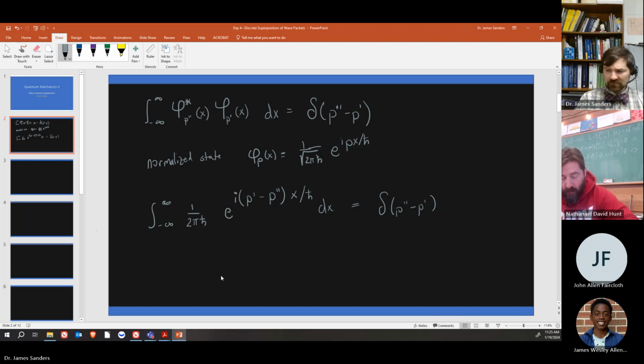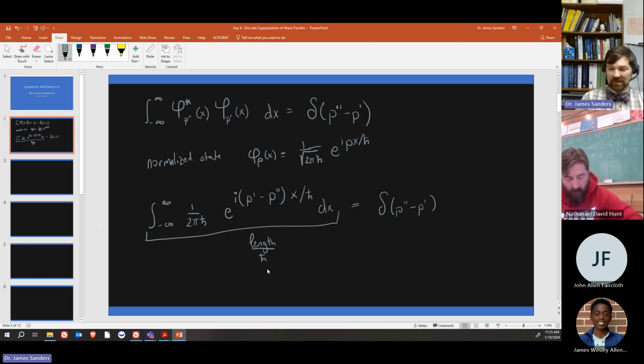Now let's look at dimensions. The left-hand side of this has dimension of essentially x over h bar, so it basically has dimension length over h bar.